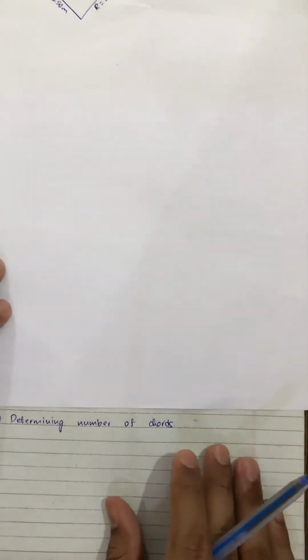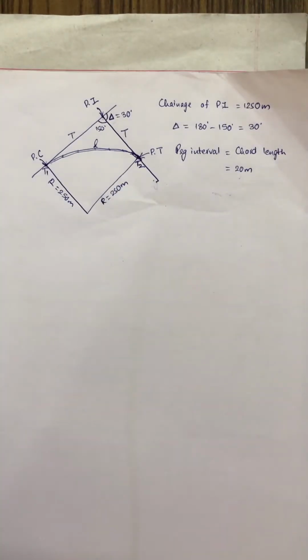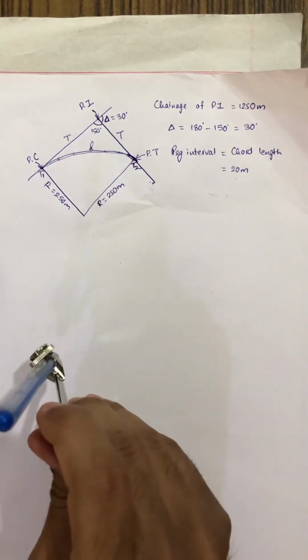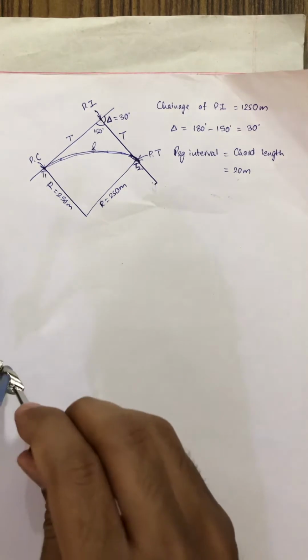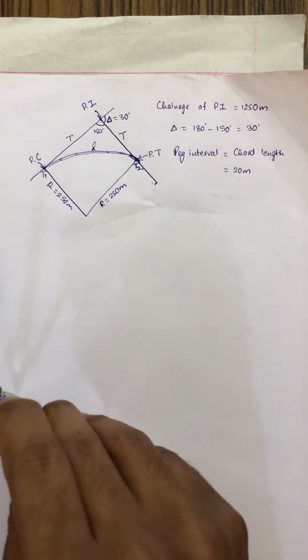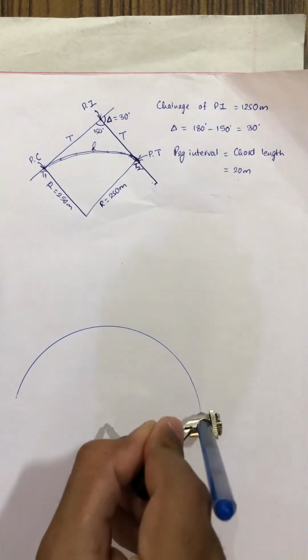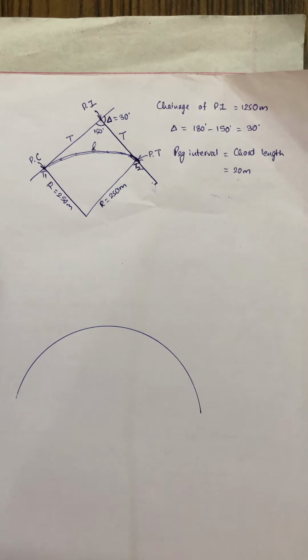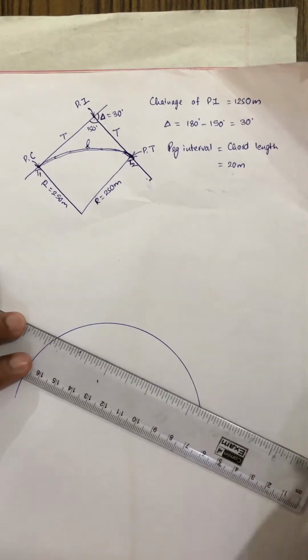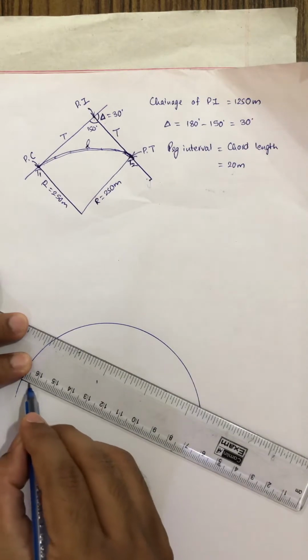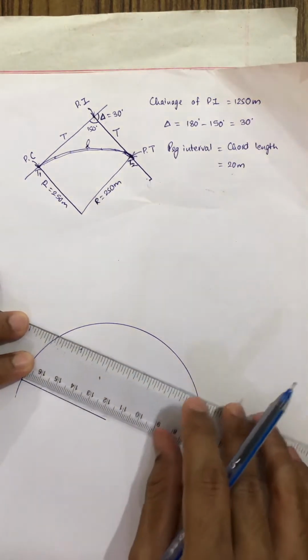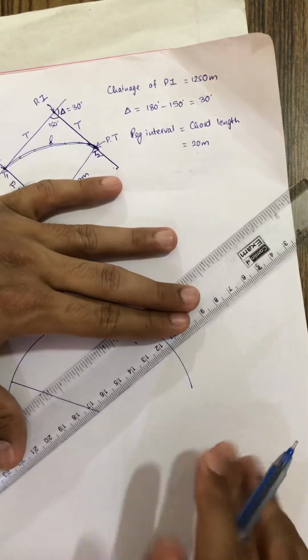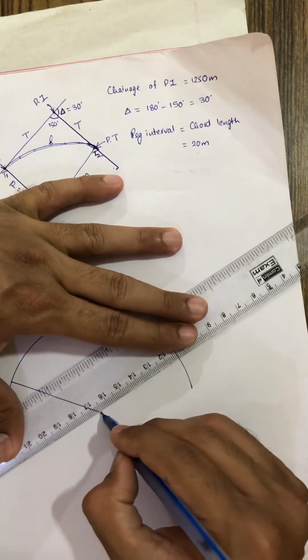So in order to find out or determine the number of chords, let us make a systematic drawing of the curve itself. Now here, this curve, let us say that it starts from here and it ends somewhere here.